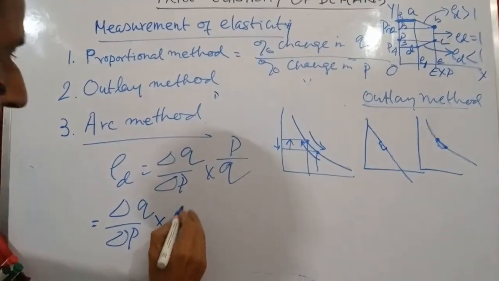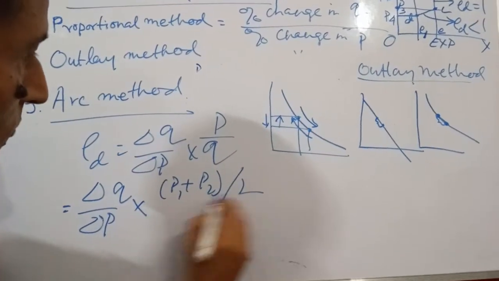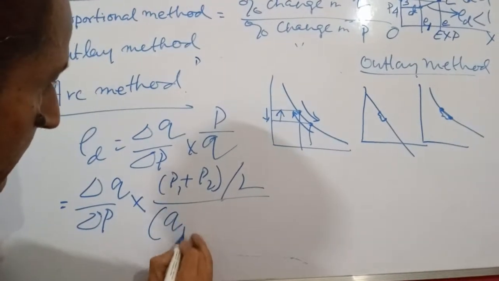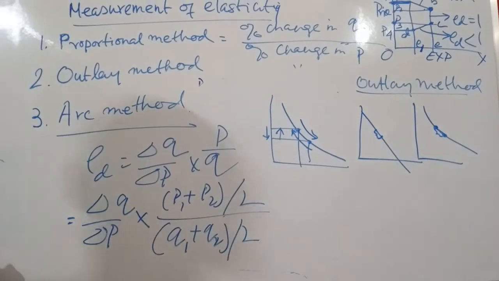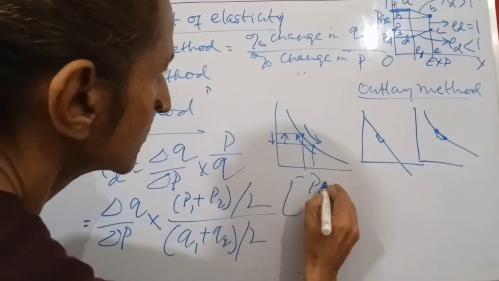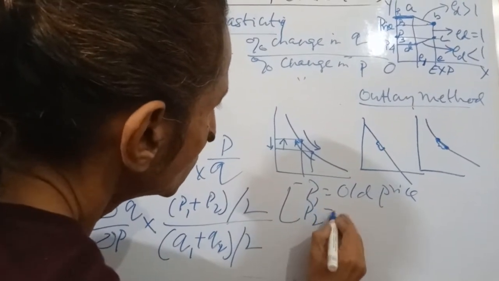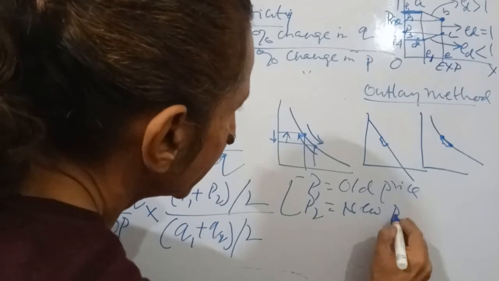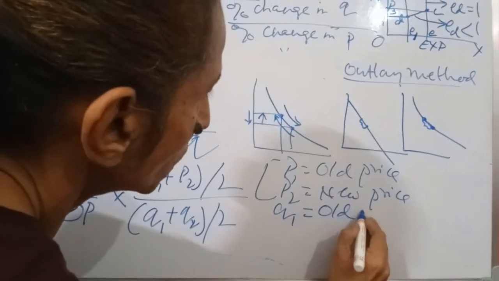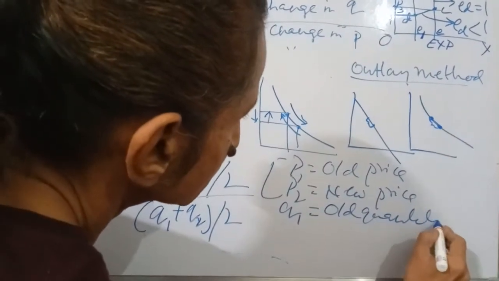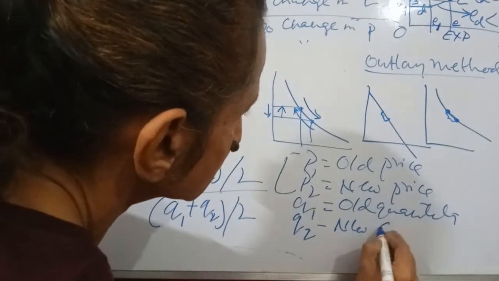In place of P, we write (P1 plus P2) by 2, and in place of Q, we write (Q1 plus Q2) divided by 2. Now P1 is the old price, P2 is the new price, Q1 is the old quantity, and Q2 is the new quantity.